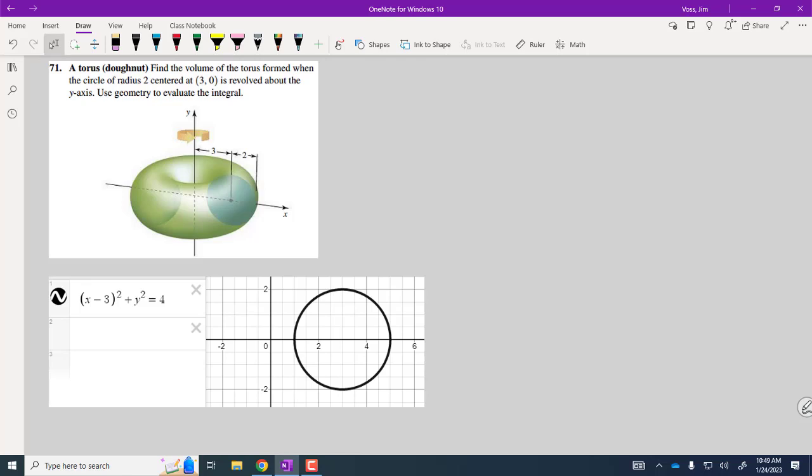It's going to be very common that we have a circle and that we have to either break it apart into an upper half and a lower half, or a left half and a right half, and find the equations of those semicircles. So this is a good reminder of how you can solve for a semicircle, and it also gives us a little bit of practice with the washer method.